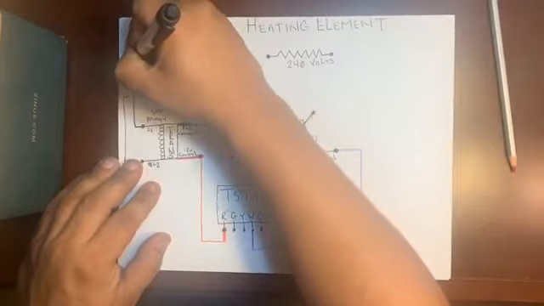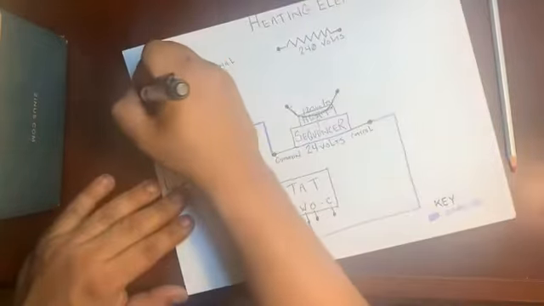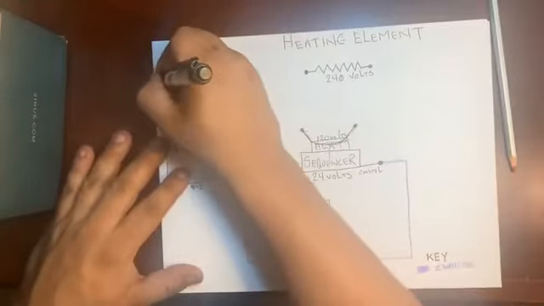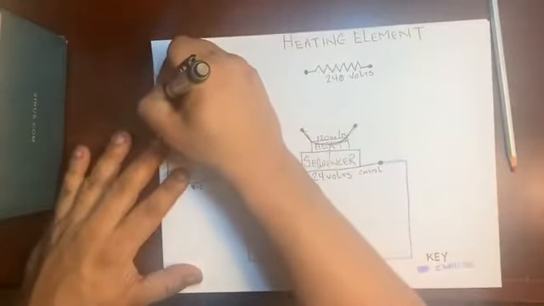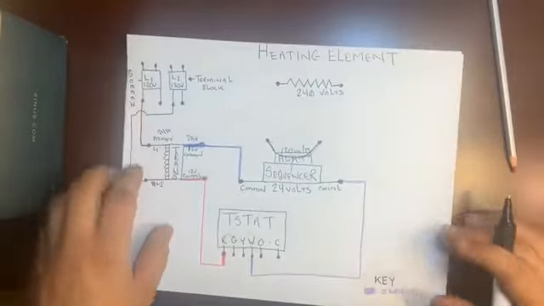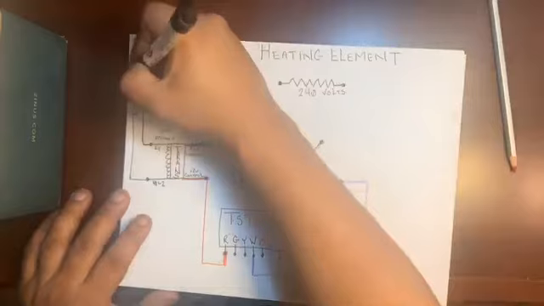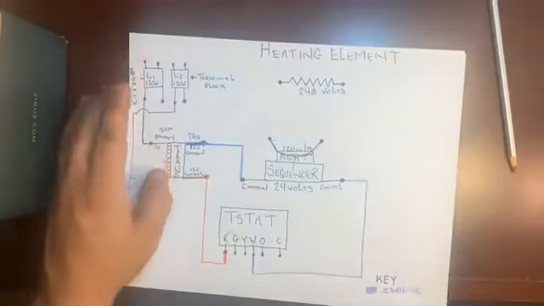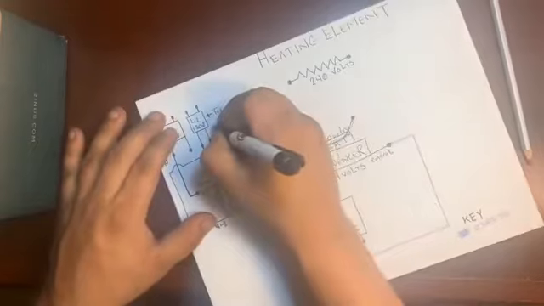So I'm going to go up here, and I'm going to write common. So I know that L1 is the common for the 240 volts. So we have a common side here, and that means that L2 is going to be control.